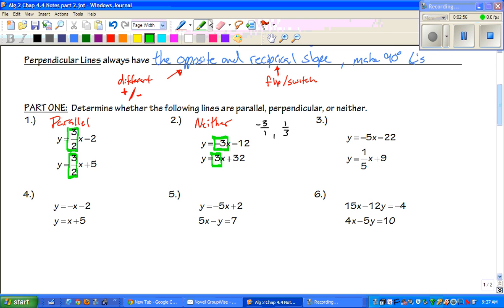Okay, let's move on to number 3. We're looking at the slopes. They're not parallel because they're not the same. Now, are they opposite reciprocals? One is -5/1, and the other one is +1/5. They're opposites and they're reciprocals, which means these lines are perpendicular.